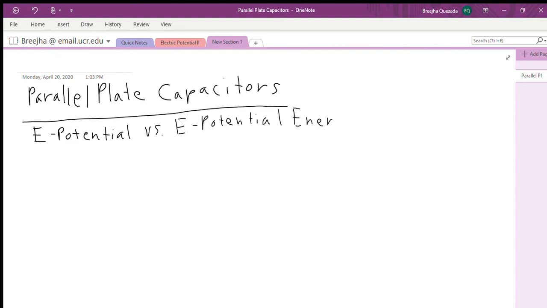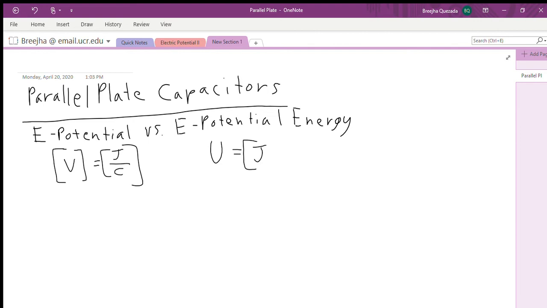Even writing them, they look very, very similar. But we have to remember that this is a unit of V, which is equal to joules per coulomb, or per unit charge. And then we have electric potential energy being this U, which has units of joules.